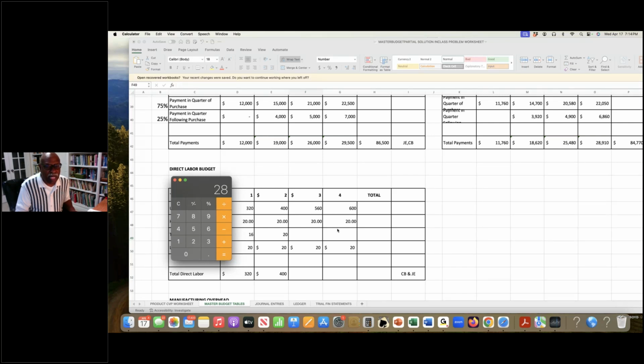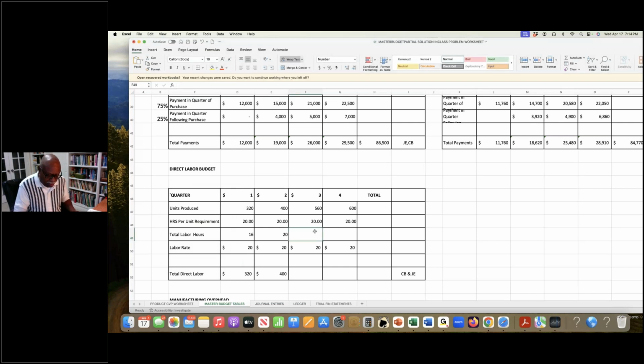I think this will be 28 for the 560. Multiplied by 20, that'll get us back to the 560.